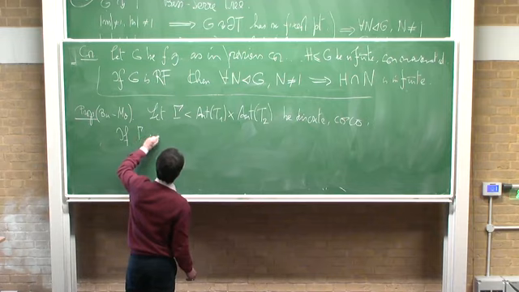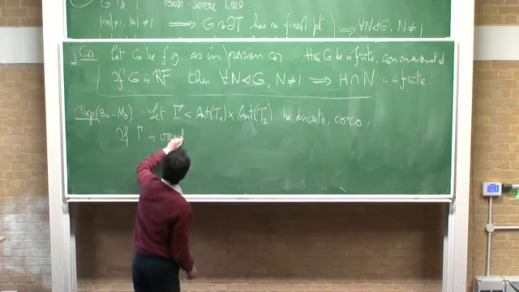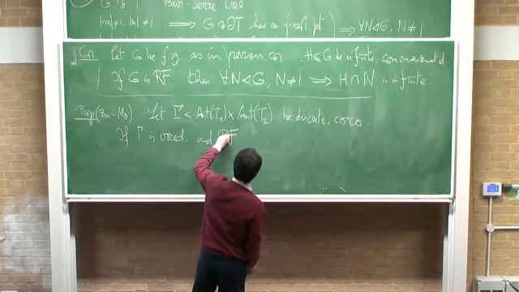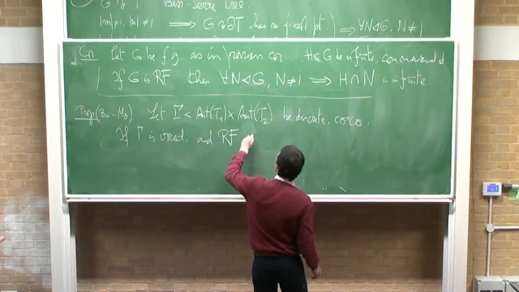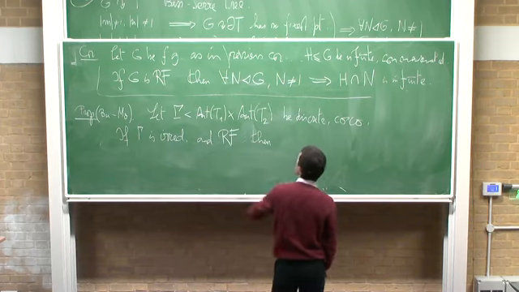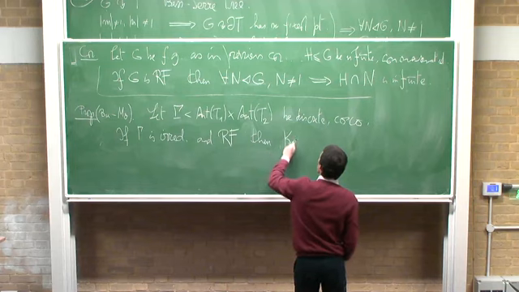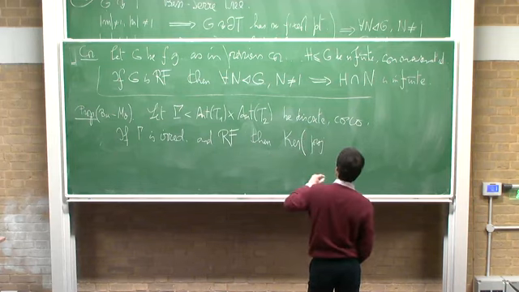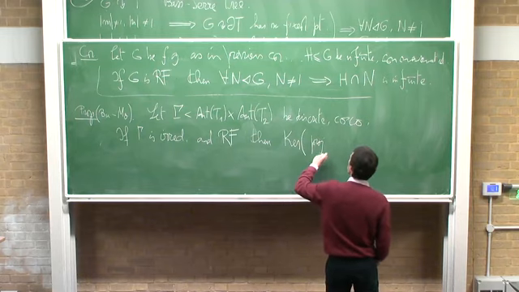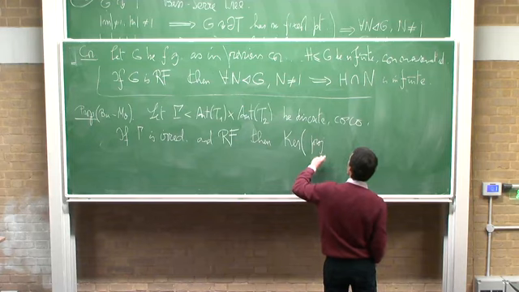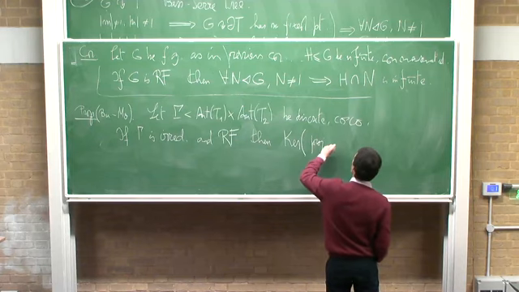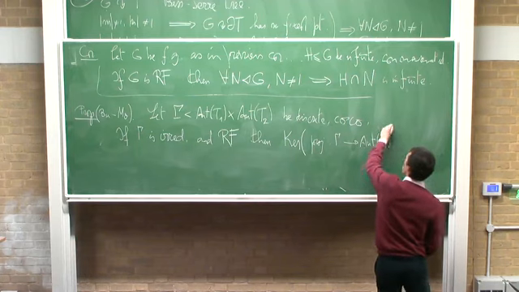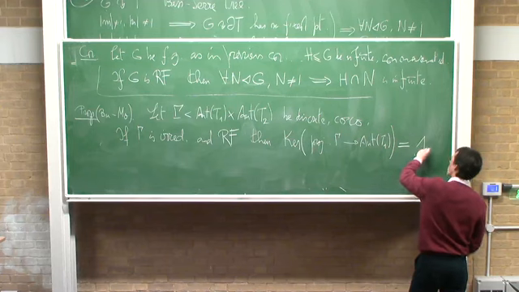If gamma is irreducible and residually finite, then the kernel of the projection of gamma towards T1 is trivial.